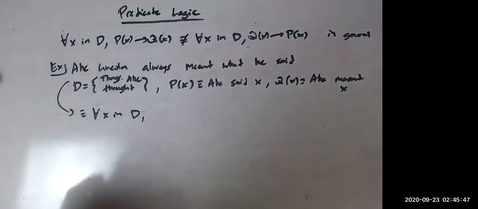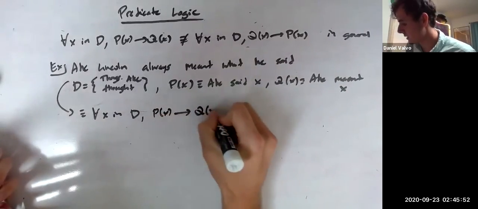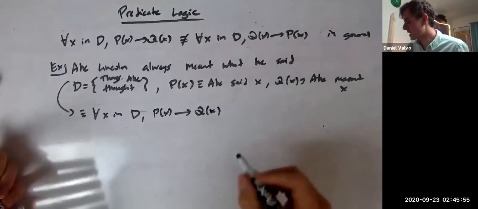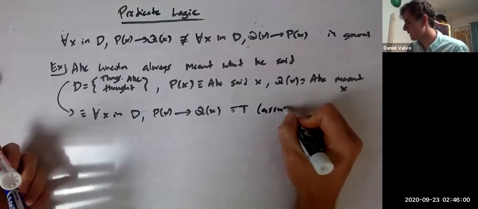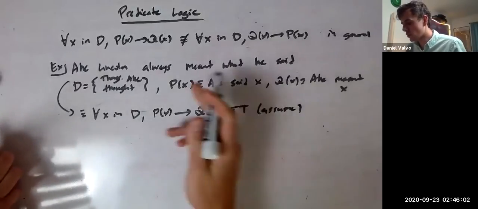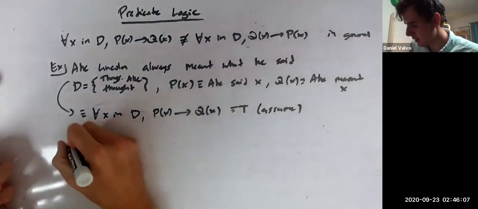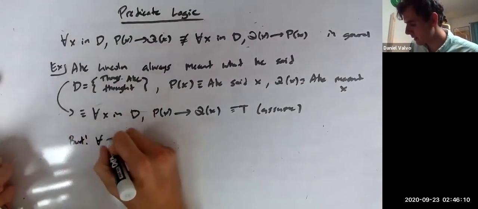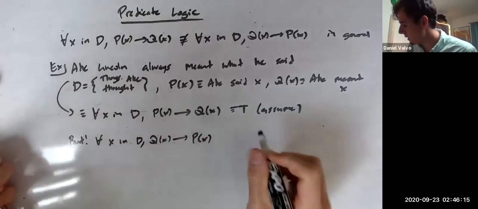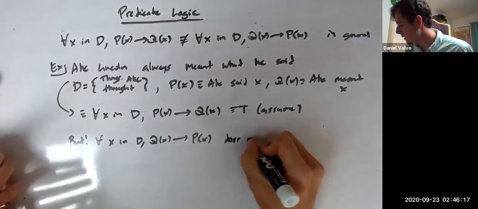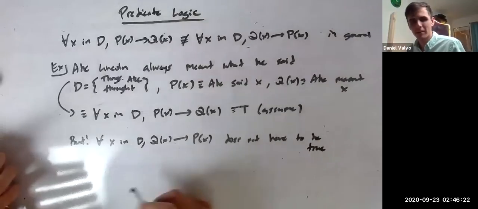Awesome. So this thing, for all x in D, if Abe said it, then he meant it. Right? Let's just say that's true. Assume this. So this is a universal conditional statement. But for all x in D, Q of x implies P of x does not have to be true.